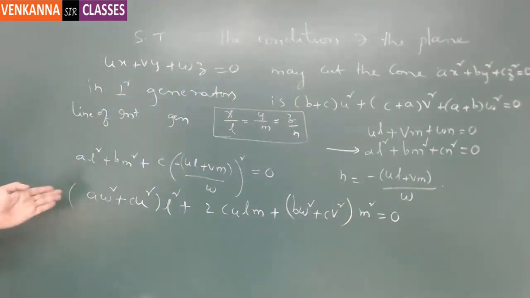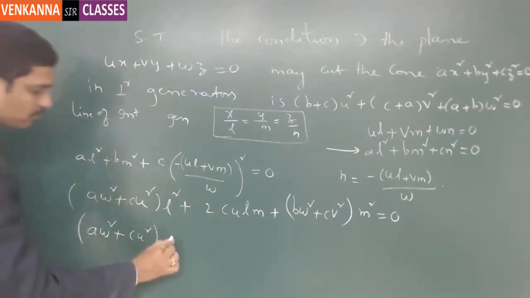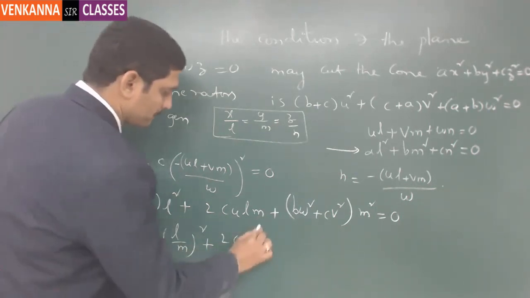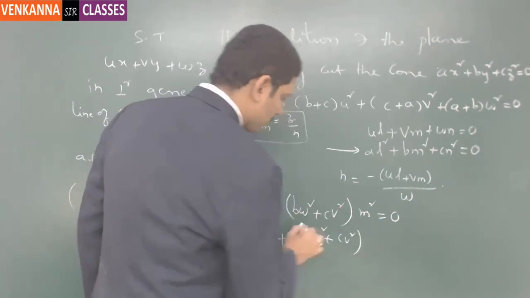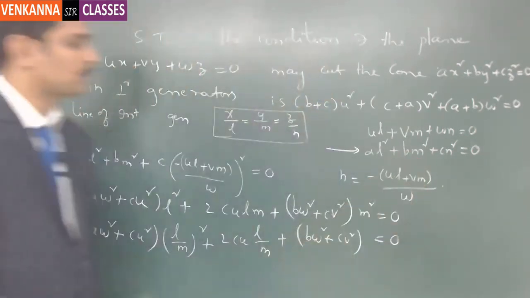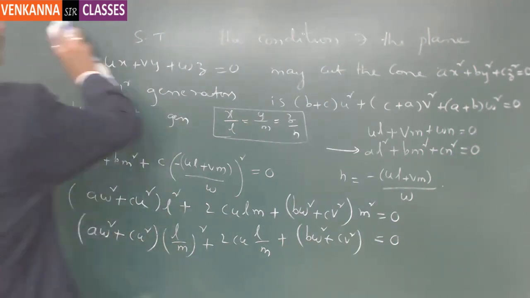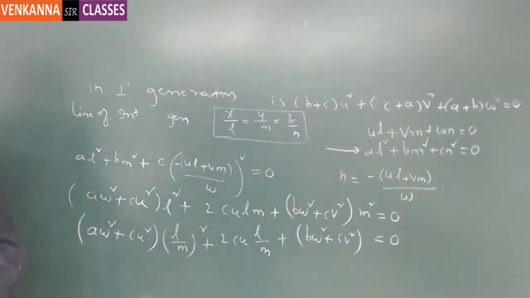If you make this equation a quadratic equation by dividing with m square, you have... Now, since this is a quadratic equation, it will contain two roots.